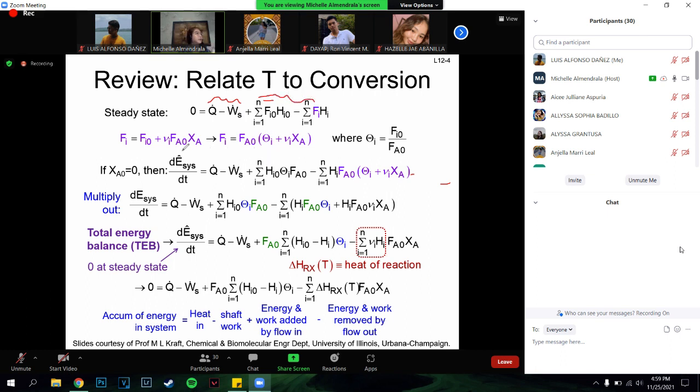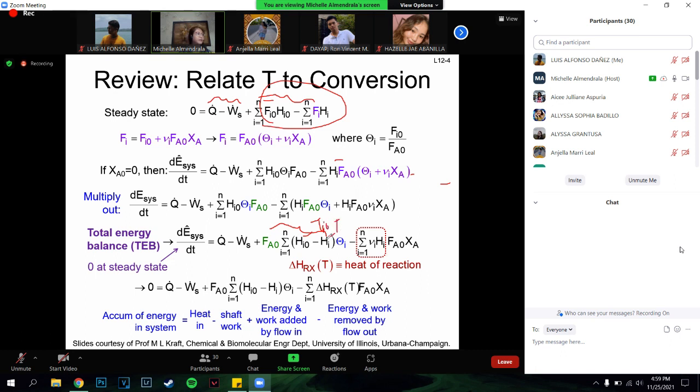All right, so we can simplify this into the enthalpy of the reaction and the enthalpy of the incoming reactants, as they are entering the reactor at a certain temperature T sub i0 to the final temperature of the reactor.